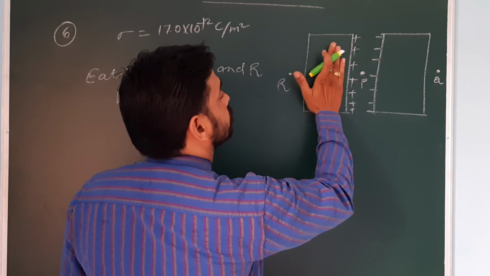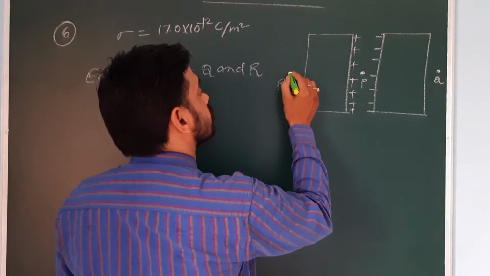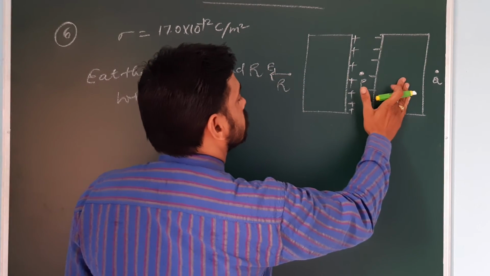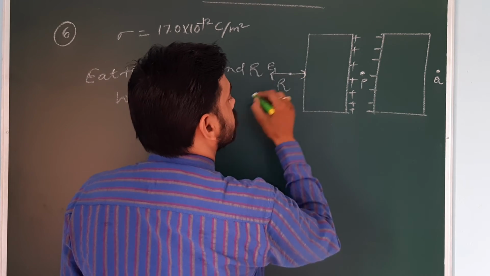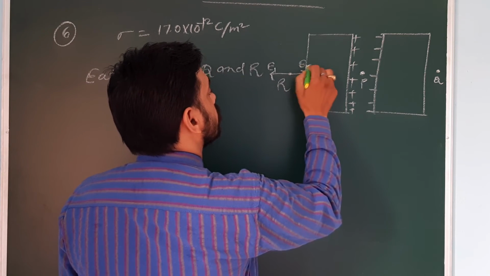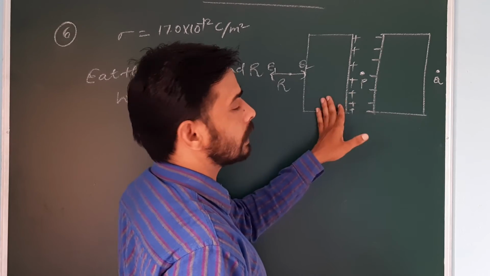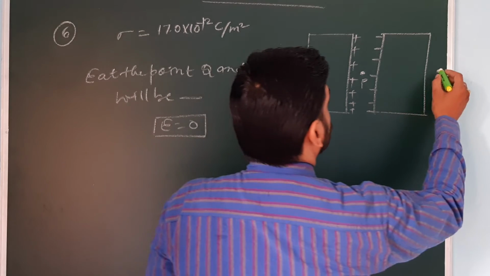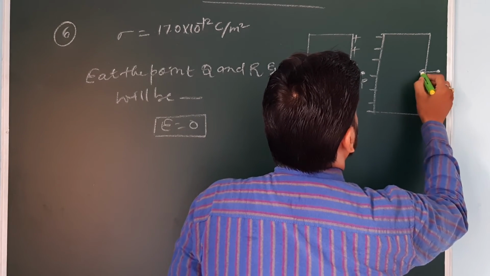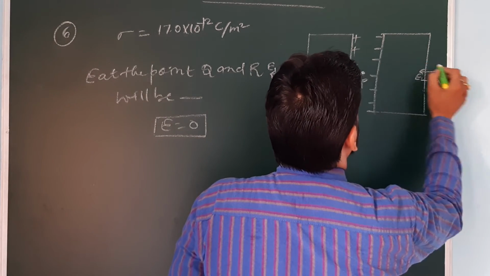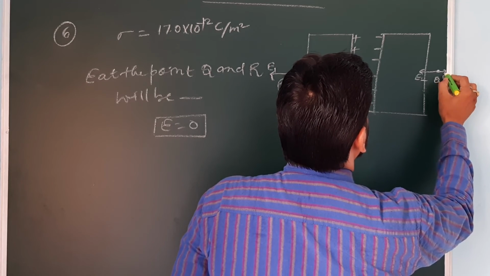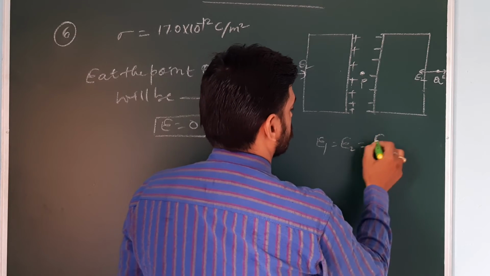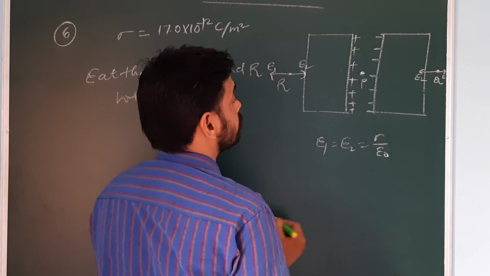Due to the positive charge, the electric field will be in this direction, suppose E1, and due to the negatively charged plate the field is in this direction, suppose E2. They have the same surface area and same surface charge density, so the fields will be the same. E1 is equal to E2 equals sigma by epsilon naught.